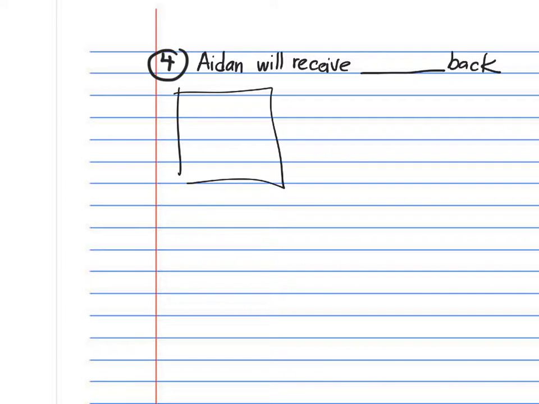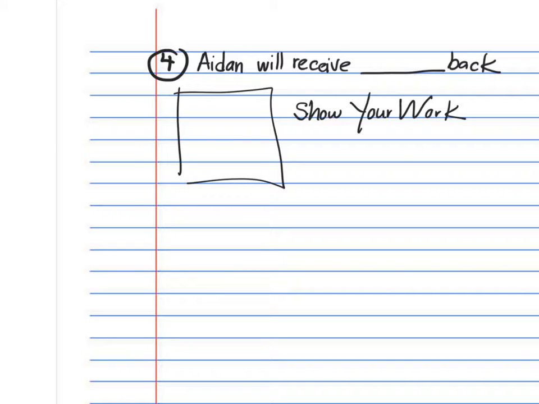So then you're going to write Aiden will receive back. So that would be the change. So again, you can use this space on your paper to show your work so that I can check it. Okay, so then after that, we are going to go ahead and flip your book.